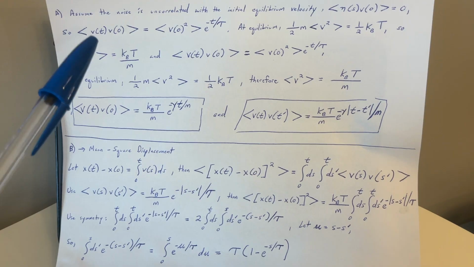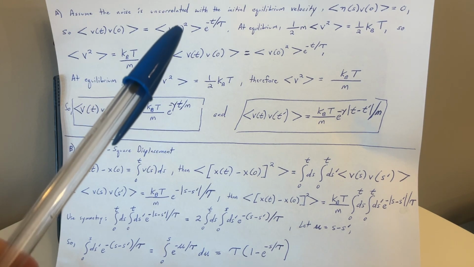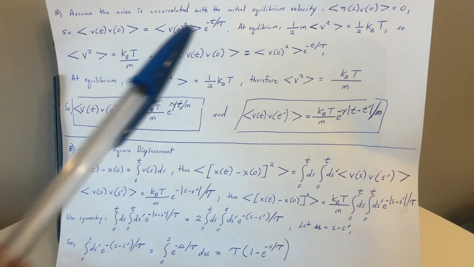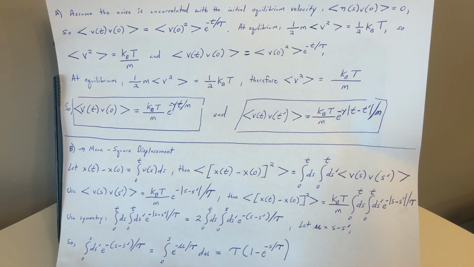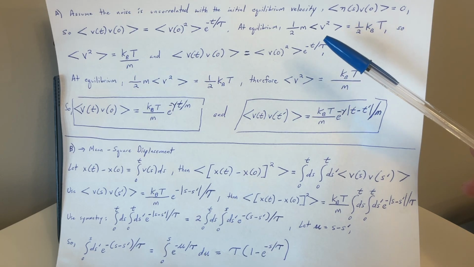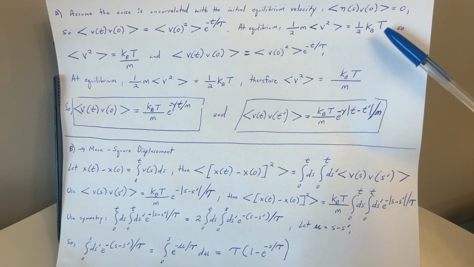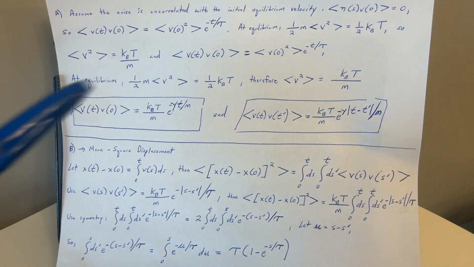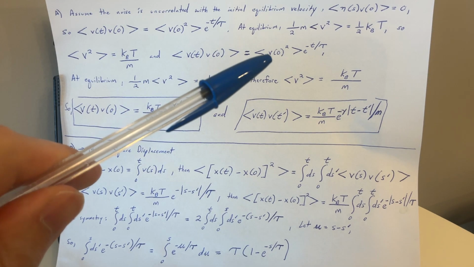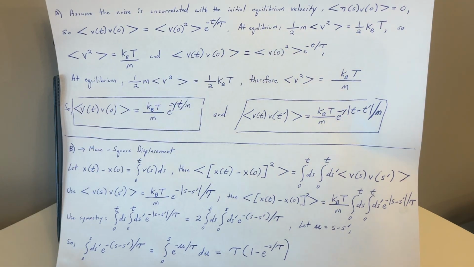So the expectation value of v of t, v of 0 equals the expectation value of v of 0 squared times e to the negative t over tau. At equilibrium, 1/2 m times the expectation value of v squared equals 1/2 k sub B T. So the expectation value of v squared equals k sub B T over m, and the expectation value of v of t, v of 0 equals the expectation value of v of 0 squared times e to the negative t over tau.